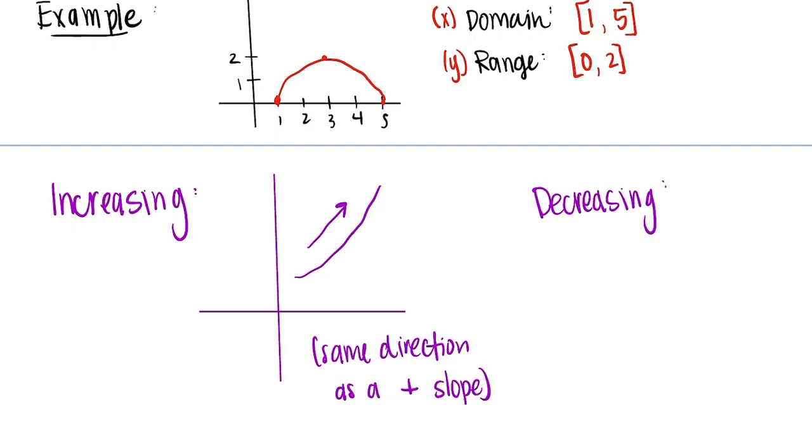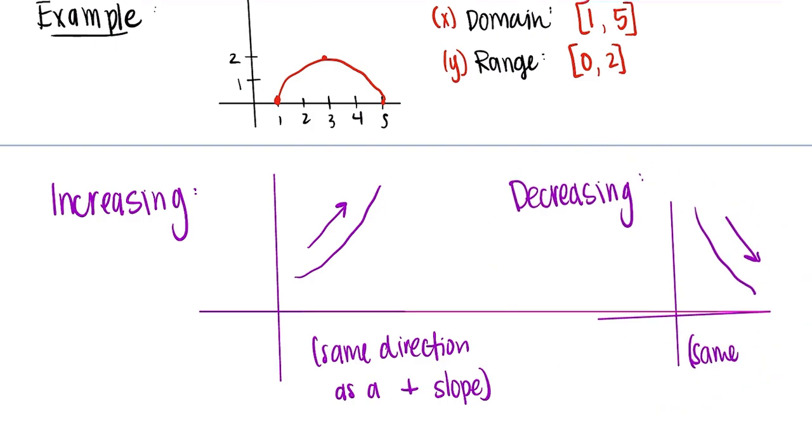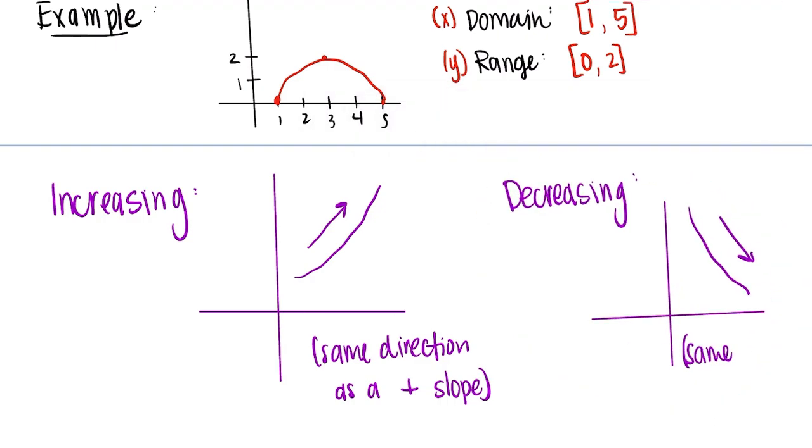Decreasing is where it's going down. It's going the same direction as a negative slope. So it could be curved, it could be something like that. It's going the same direction as a negative slope.